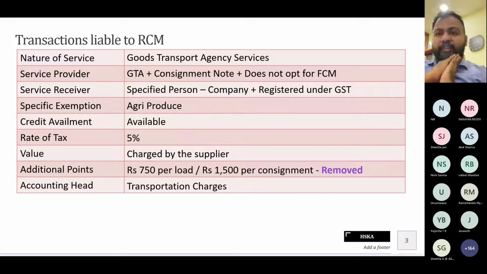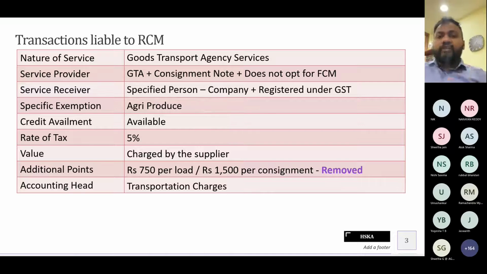Now, what do you mean by goods transport agency services? It means I want to transport goods from place A to place B. My office is in Bangalore and I want to move the goods to my customer who is in Chennai. In that case, I am going to hire a person who is going to transport the goods from my godown or my warehouse to my customer's warehouse.